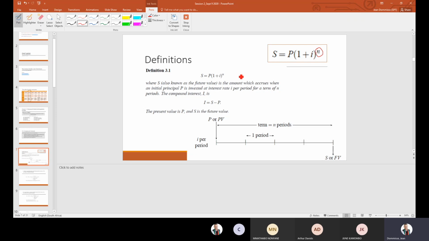So again, when we look at calculators, that will be your future value, that will be your present value, that would be your interest rate. Dependent on what calculator you use, it can have different symbols to it, and that is also on your calculator. That is the time period.